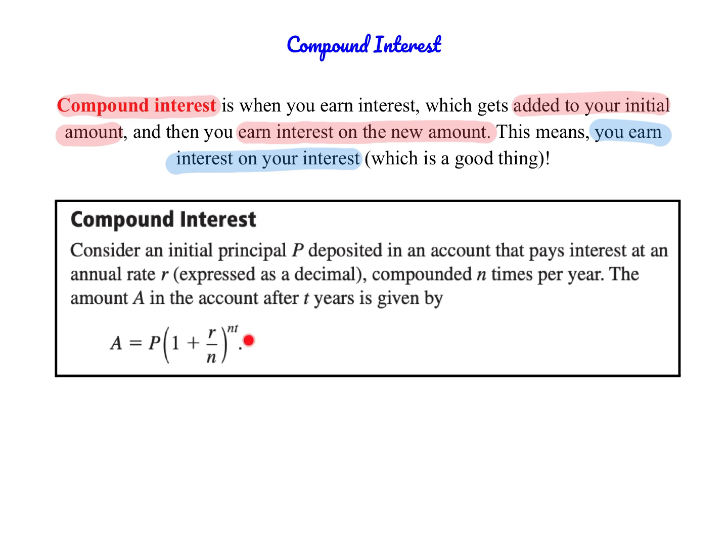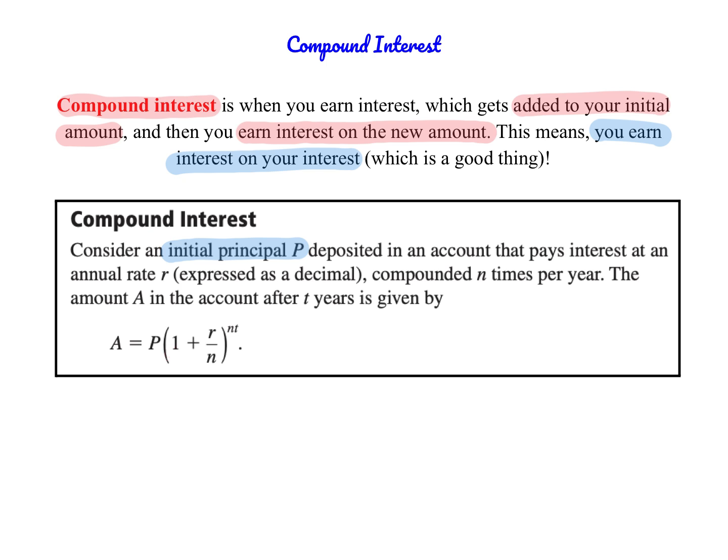So there is a formula that we can use to help us calculate the amount of money we will have in our account after t years. So first you start with your initial amount. In finance, we often call the initial amount the principal. So principal just means your initial amount. So that's going to go here.